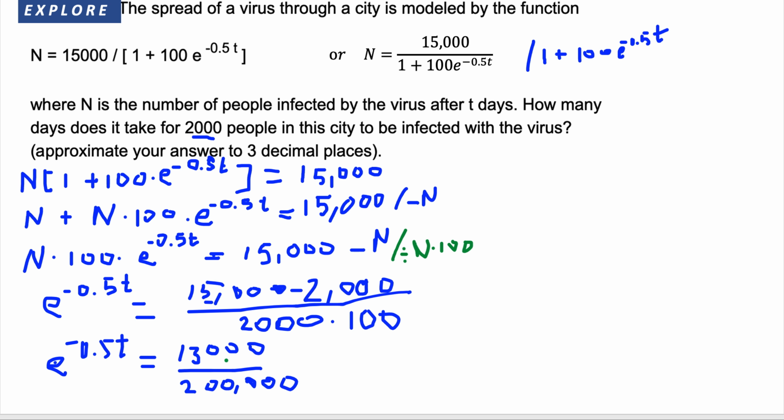I'm going to simplify some zeros: those 3 zeros I'm going to simplify with these 3 zeros. And now we have 13 over 200. So what we get here is e to the exponent minus 0.5t is equal to 13 over 200.